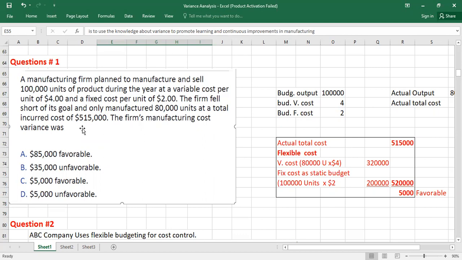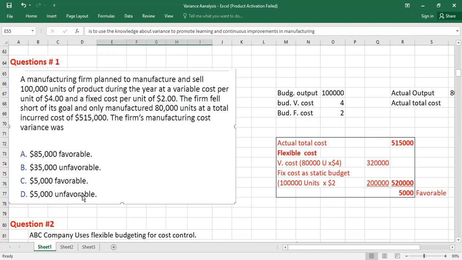The firm's manufacturing cost variance was, in the requirement, they're asking you to calculate the variance. If the question is silent, we will assume it is the flexible variance. There are four options: either the manufacturing cost variance was 85,000 favorable, or 35,000 unfavorable, or 5,000 favorable, or 5,000 unfavorable.